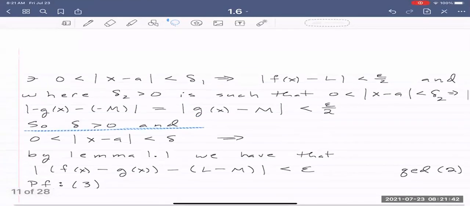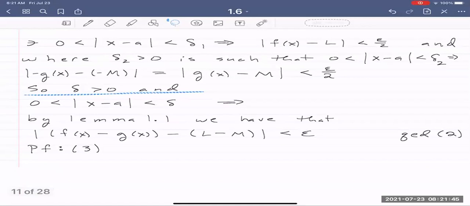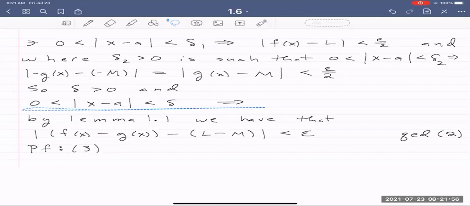Since delta 1 and delta 2 are greater than 0, then delta is greater than 0. And x minus a in absolute value is between 0 and delta.